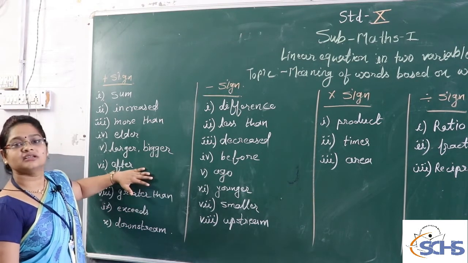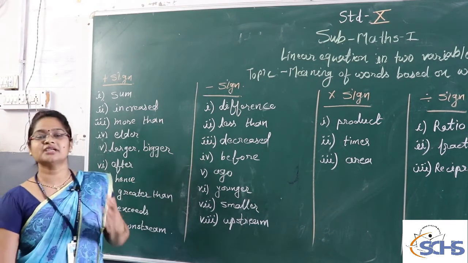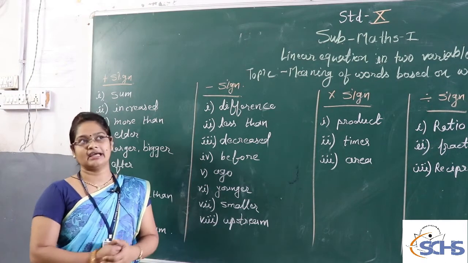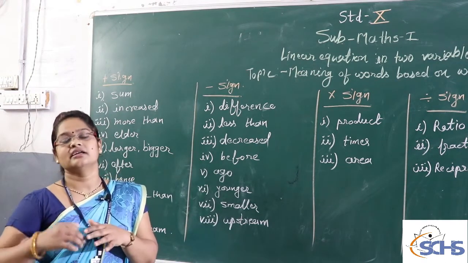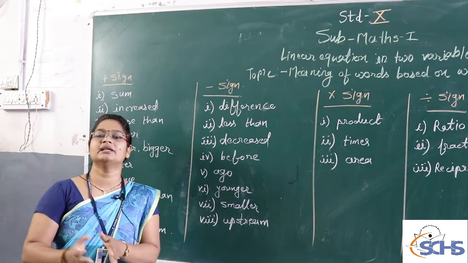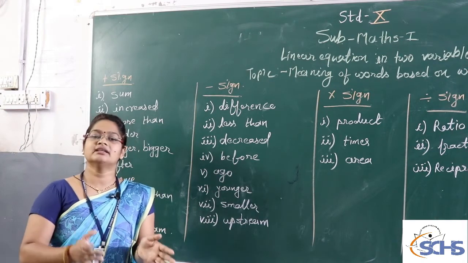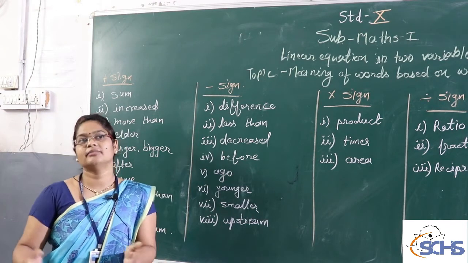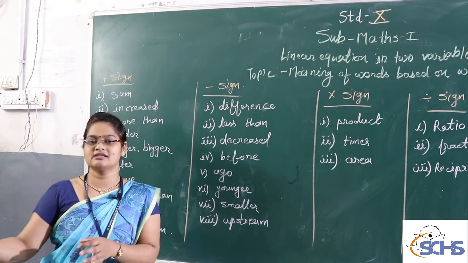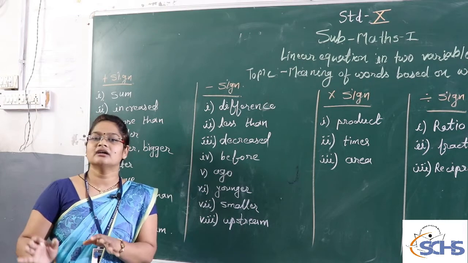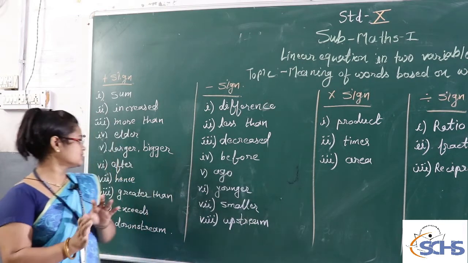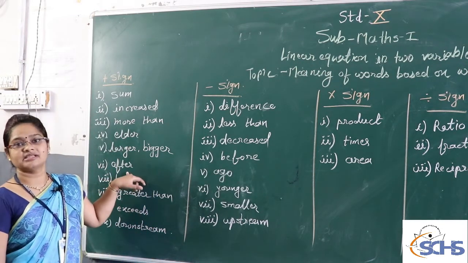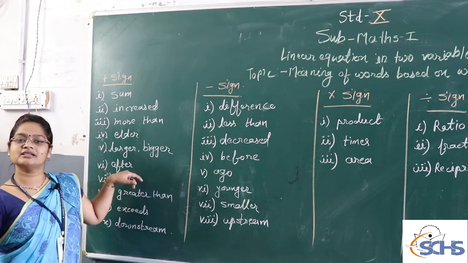Then after. Sometimes in word problems it is given that the age of the father is double the age of the son, and after 10 years the father's age will be 4 times the age of the son. In such an example we use the plus sign too.